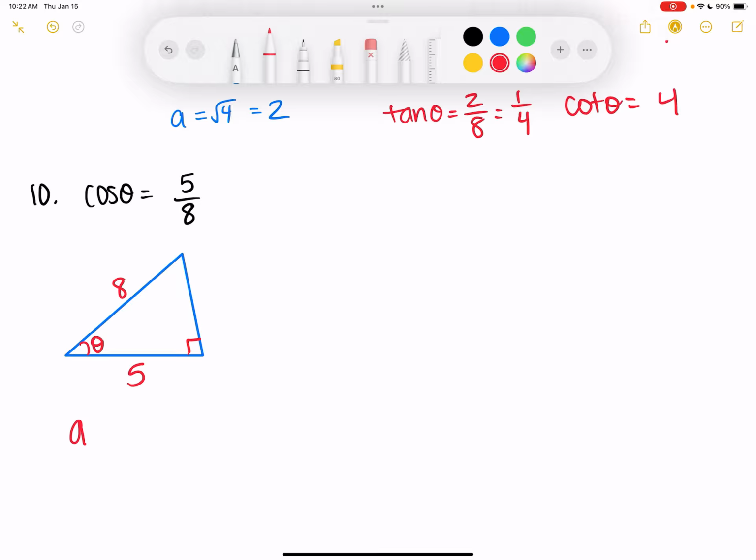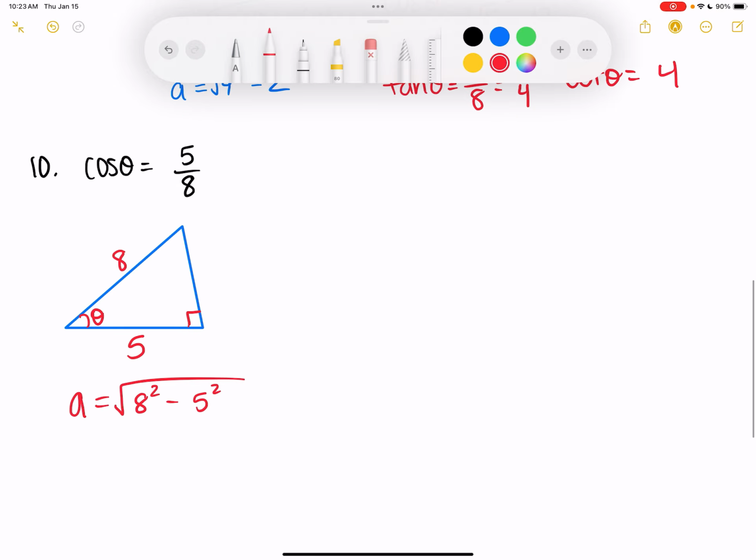So I'm going to go ahead and say A is equal to the square root of C squared, which is 8 squared, minus 5 squared. So then that's the square root of 64 minus 25. What is that? 39.